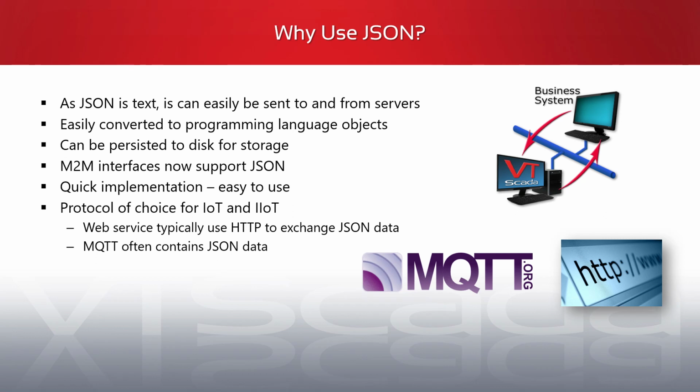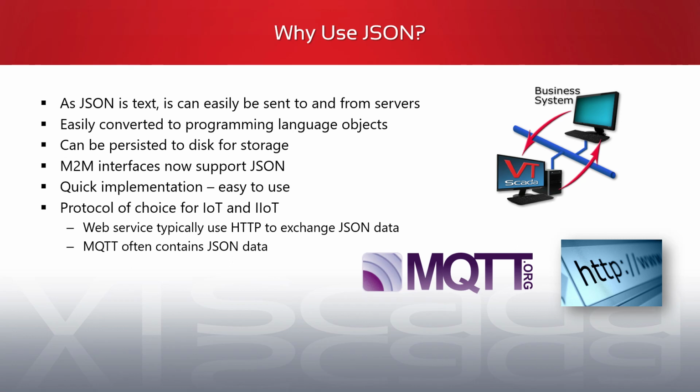Now many machine-to-machine interfaces support JSON, and it's a very common way of publishing data, especially across the internet. It allows exchange of data from a web server to another web server or another back office system.